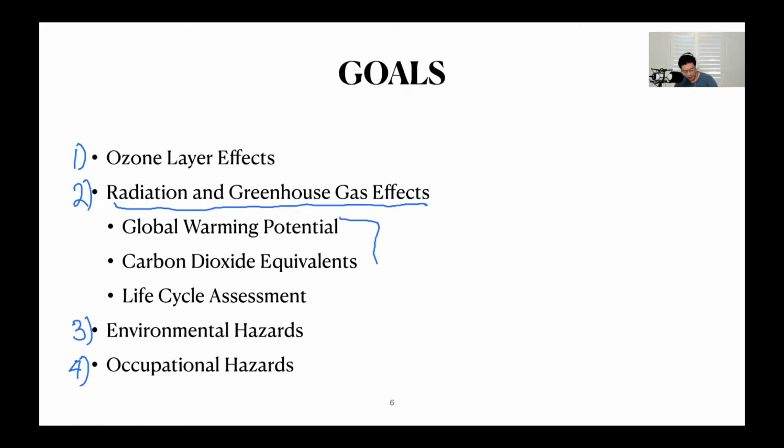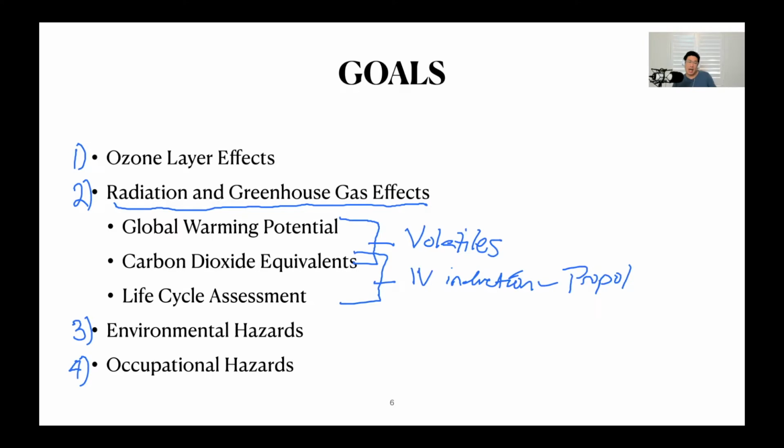These 2 here will be based on volatile agents. The CO2 equivalents and life cycle assessment will be based on IV induction agents, primarily propofol. And if you are really keen on a mnemonic, as you can see here, we have one already created, okay?